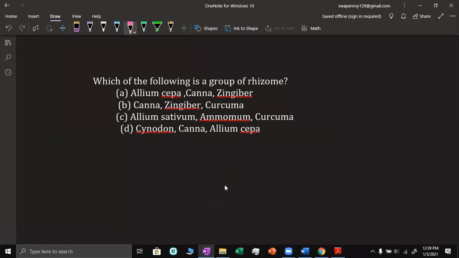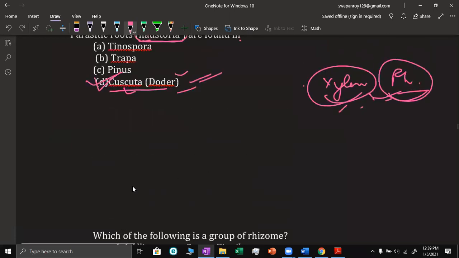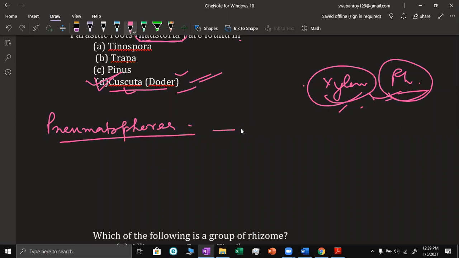Few important things in the root, that is pneumatophore. They are found in mangrove, okay, in Sundarban.